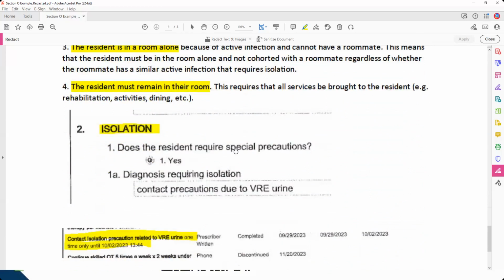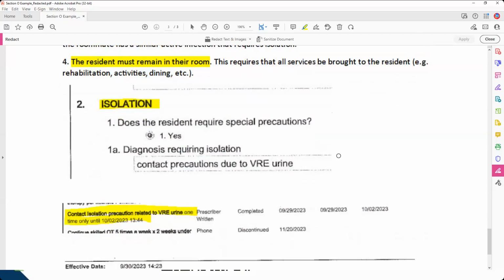So does the resident, what was the diagnosis regarding isolation? So they had some contact precautions due to VRE in the urine. Did they require some special precautions? Yes, because they still had some VRE in the urine.